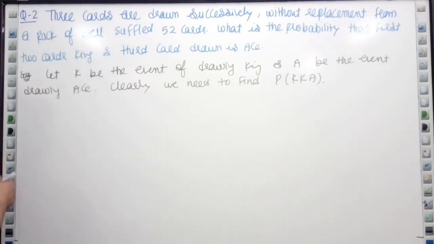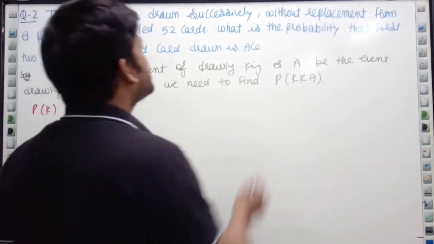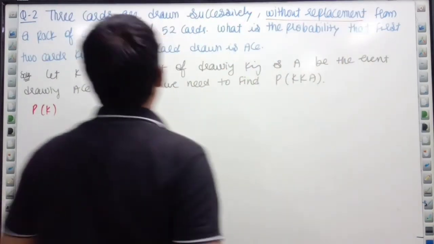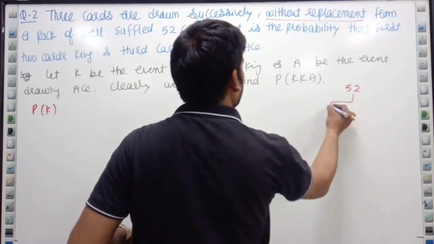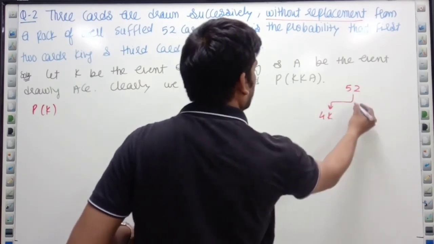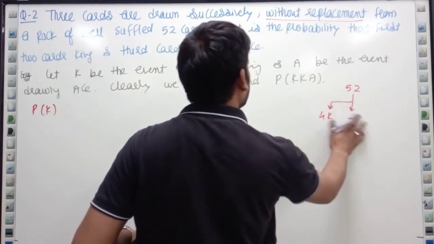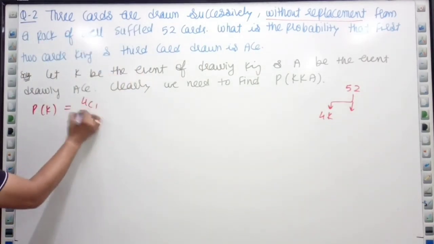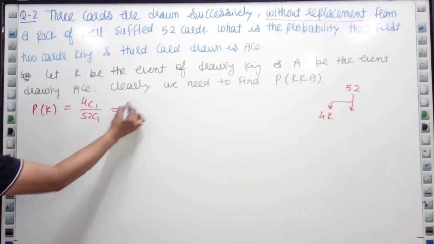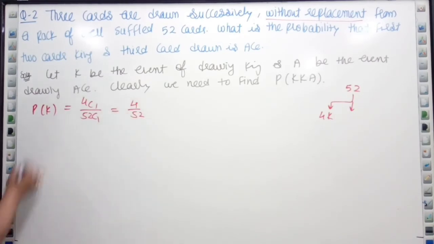So we can write probability of king. How many kings are there in 52 cards? It should be clear, without replacement, right? 52 cards, 4 kings. We have 4 kings, right? So we can write 4C1 upon 52C1, that is 4/52.